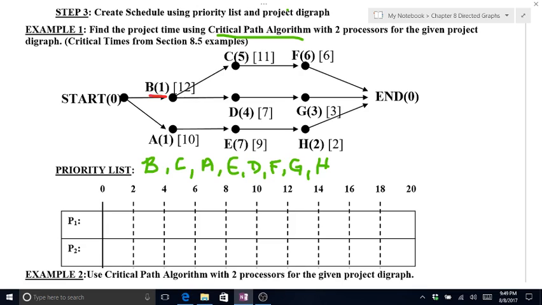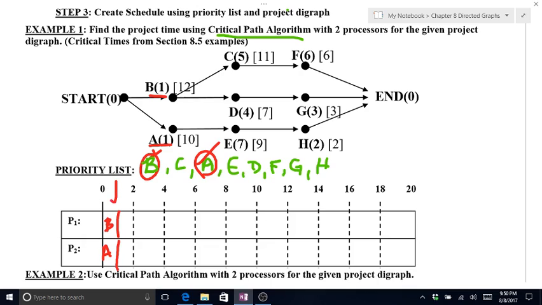The only two tasks that are ready off the bat are B and A. According to my priority list, B should be scheduled first, and B takes a minute to complete. A should be scheduled next because C is not ready, and A takes a minute to complete. Those are my only two ready tasks.